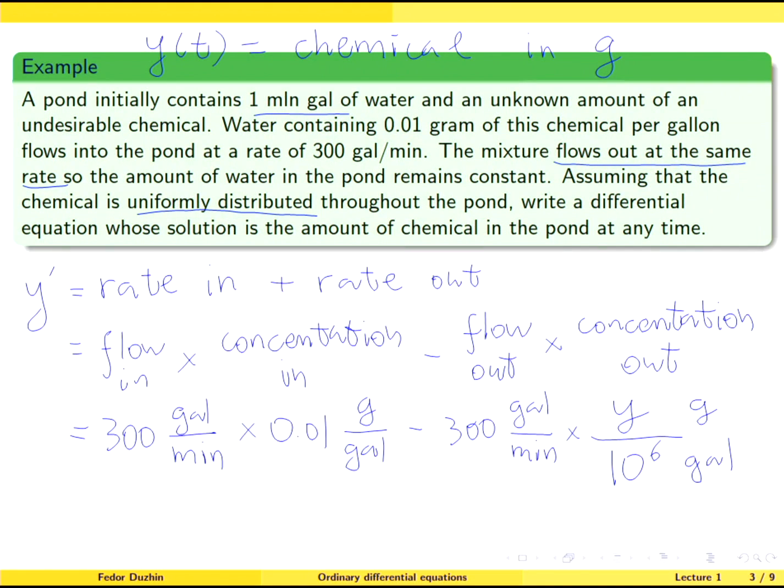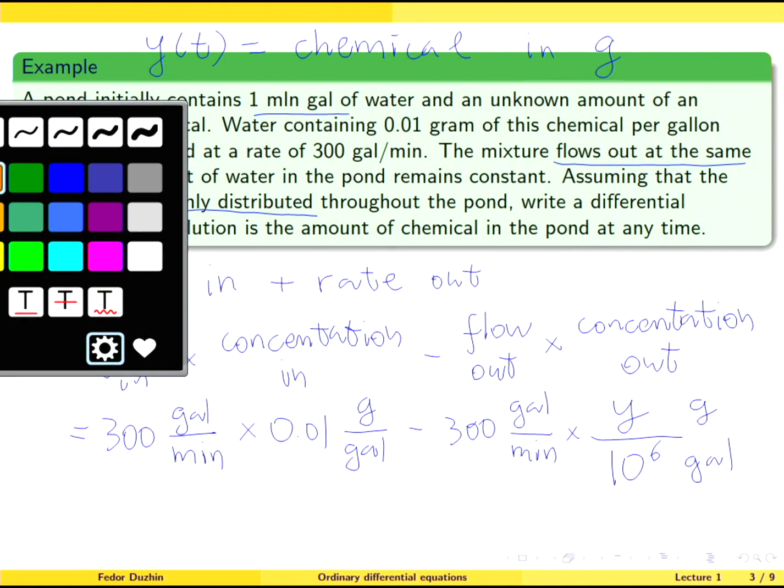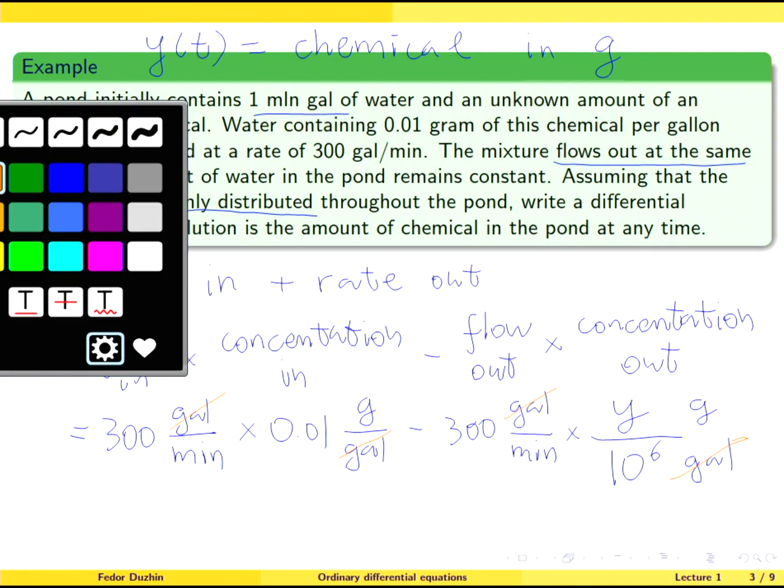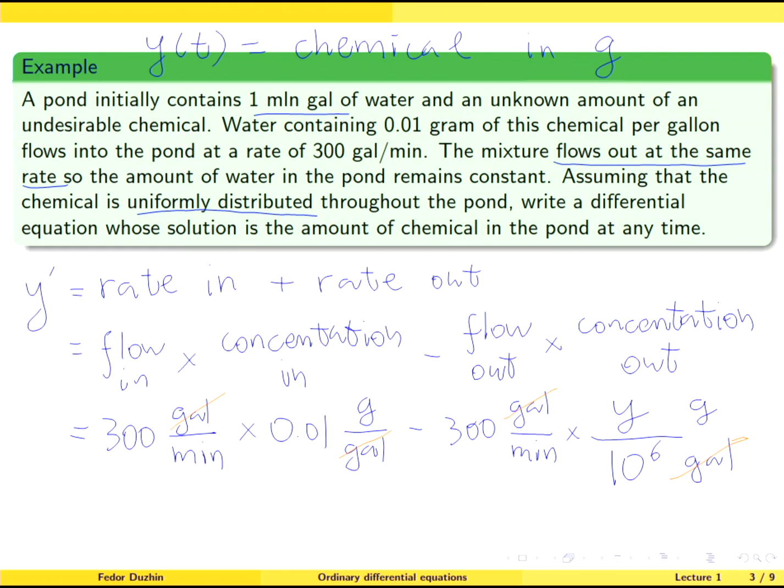Now notice that the units are actually correct, because gallons and gallons cancel out here, gallons and gallons cancel out here. So the resulting units are going to be grams per minute, which makes sense because this is the rate of change. If the quantity is measured in grams and time is measured in minutes, then the rate of change should be measured in grams per minute.